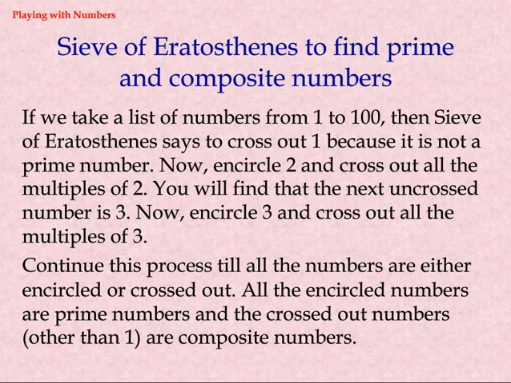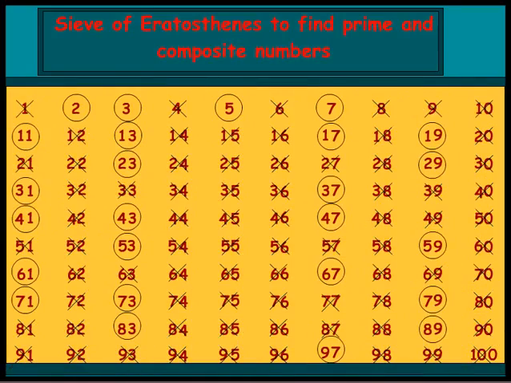Now, encircle 3 and cross out all the multiples of 3. Continue this process till all the numbers are either encircled or crossed out. All the encircled numbers are prime numbers and the crossed out numbers, other than 1, are composite numbers.